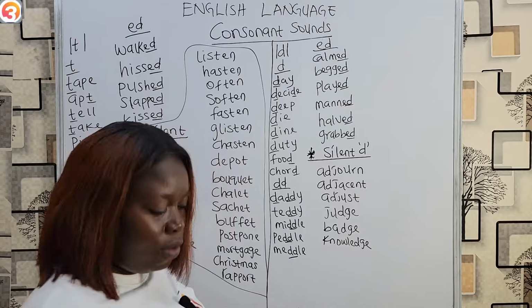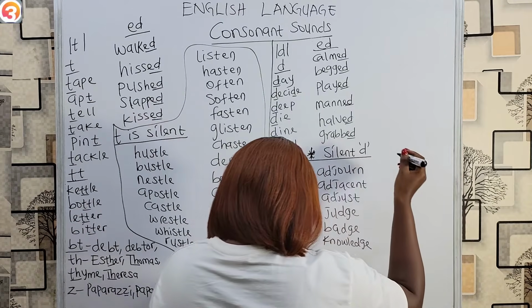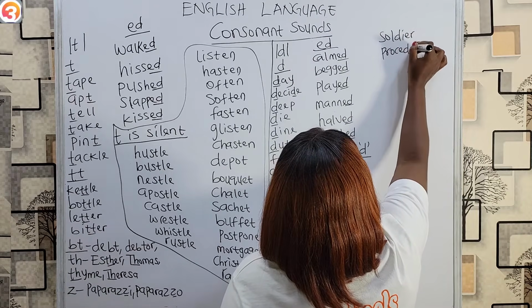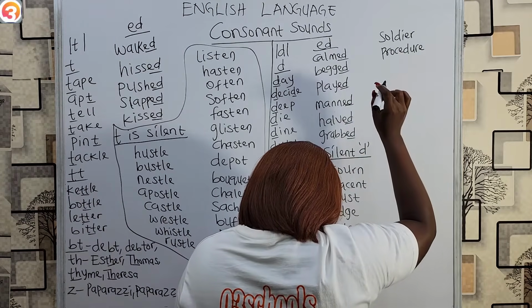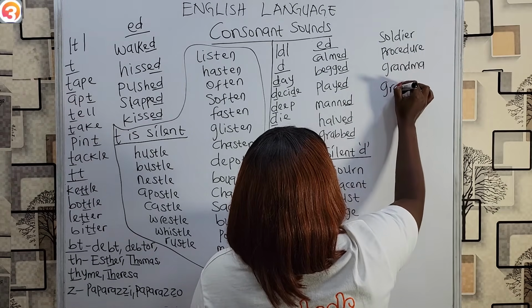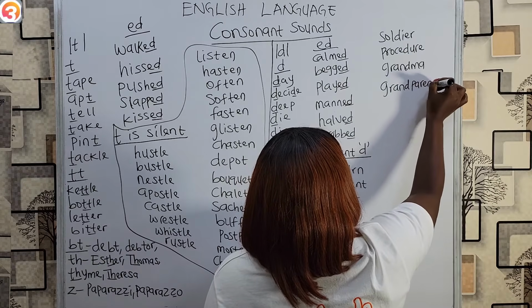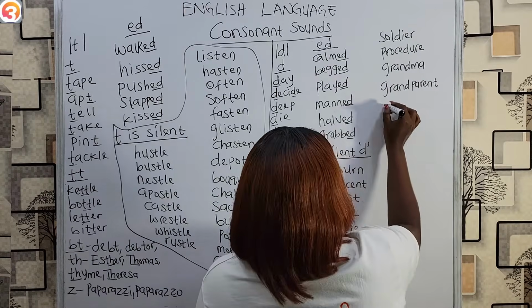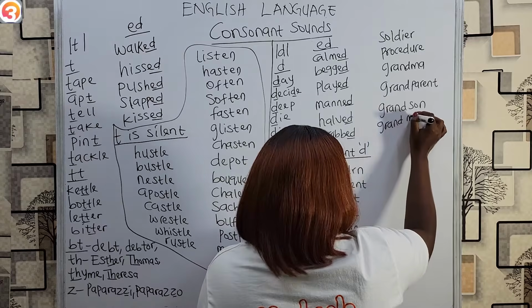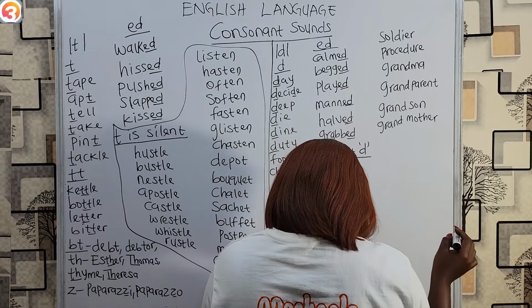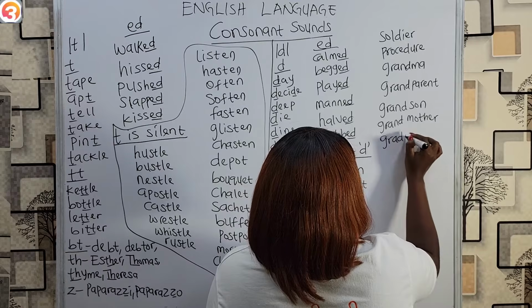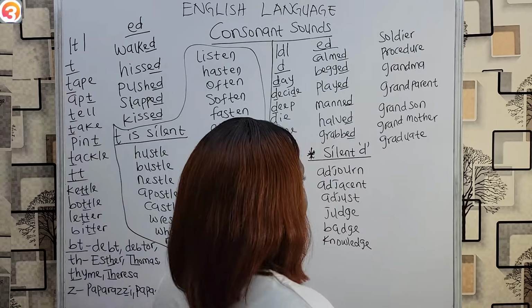Apart from these words, we also have words like this: in words like this, the D is not pronounced.